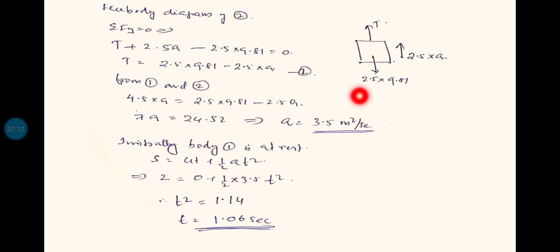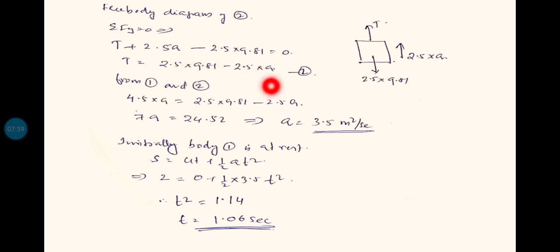In that case, you have to write 2.5 into 9.81 minus T equal to 2.5 into a. That is very important. Here I have already marked the direction of 2.5 into a as the direction opposite to that of the body. That's why I am writing sigma Fx equal to 0, Fy equal to 0. Once it is correctly marked, then you can take it as sigma Fx equal to 0, Fy equal to 0, no problem. So T plus 2.5a minus 2.5 into 9.81 equal to 0.